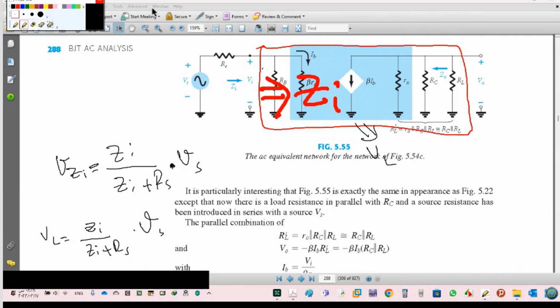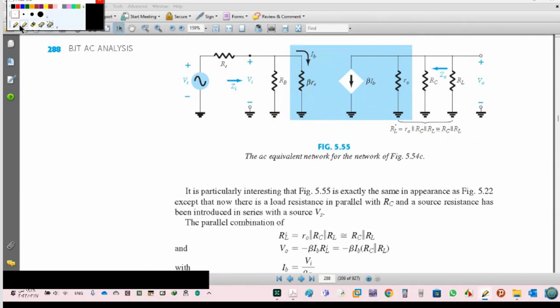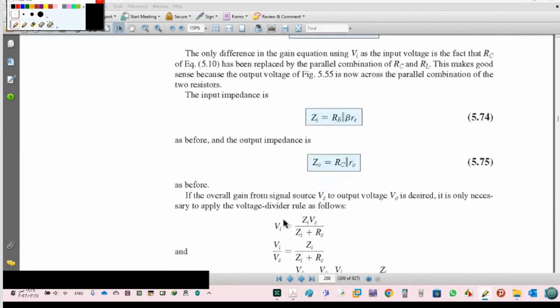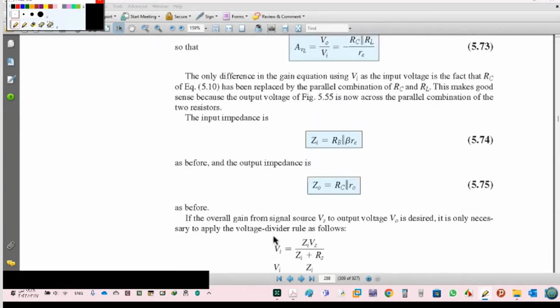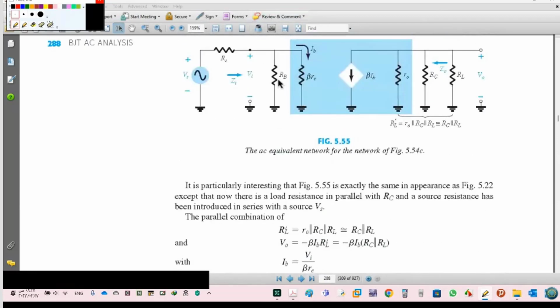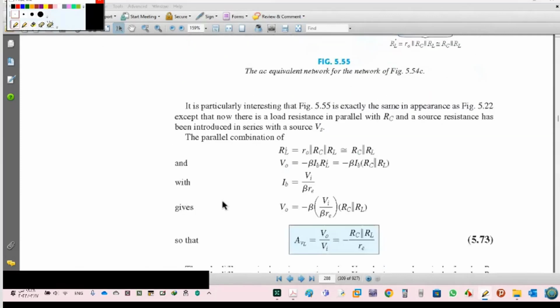Okay, let's see our book, and if there is any mistake, we will correct it together. Let's check. Okay, VI is ZI over ZI plus RS times VS. If I take VI over VS, what will happen? Here we have a trick.